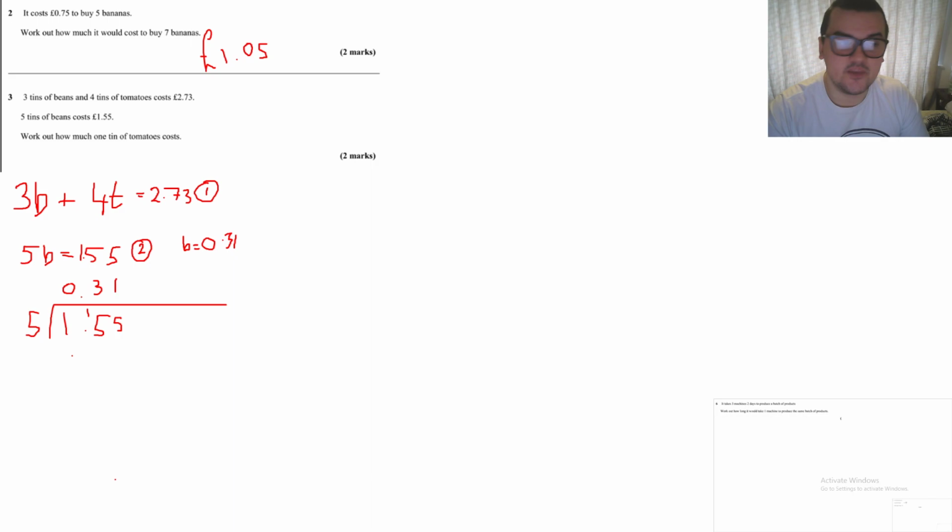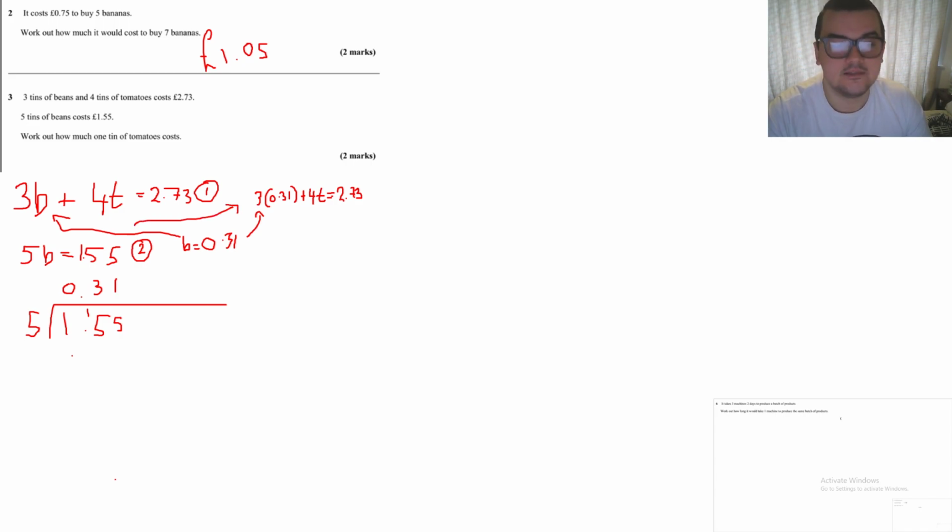Now we can plug this value into our first equation. So 3 beans, or 3 lots of 31 pence, plus 4T equals £2.73. Like I say, I've just plugged the value of B into here, and that's how I've got this equation.